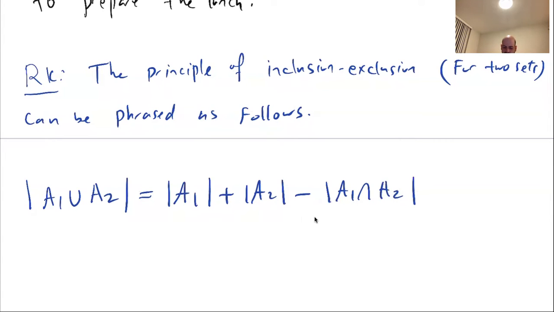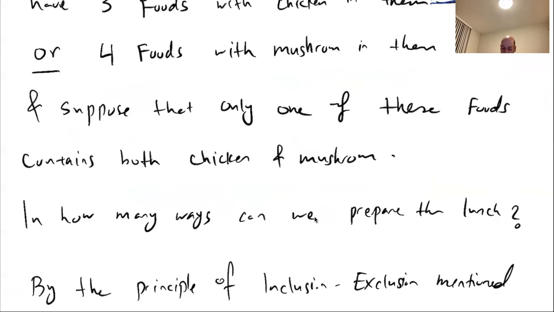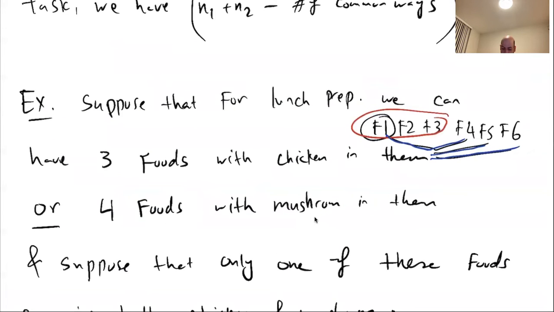So if you want to use this notation in the example above, remember we had 3 foods with chicken, 4 foods with mushroom.